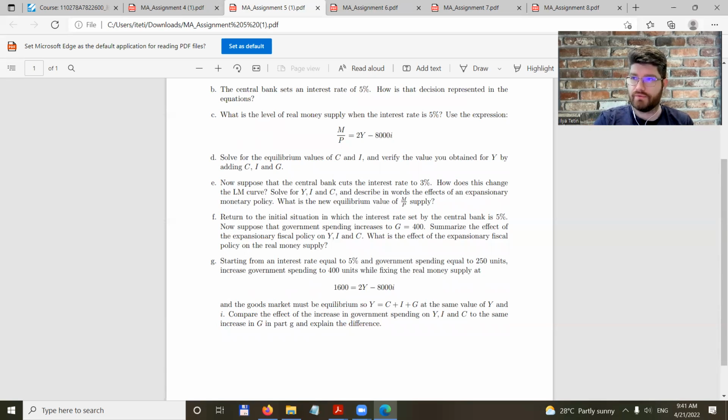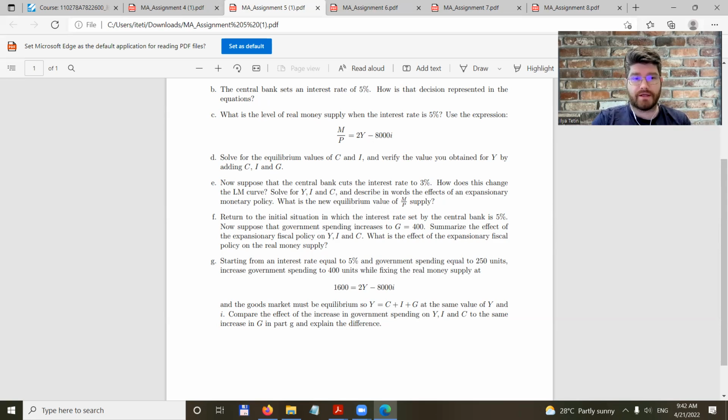And a couple of others, number F, return to the initial situation. Summarize the effect. At the initial interest rate of 5%, Y will be 1300. We have the increase in government spending, so we recalculate, and Y equals 1300.